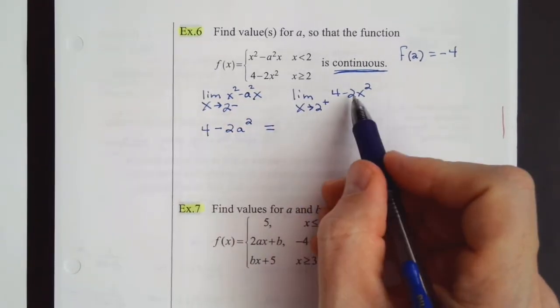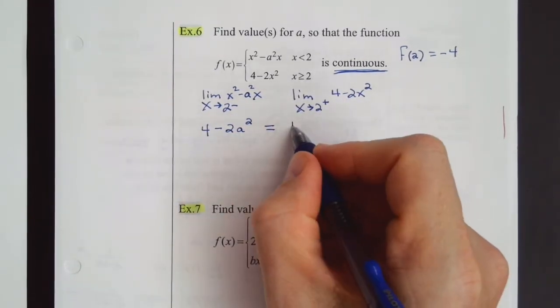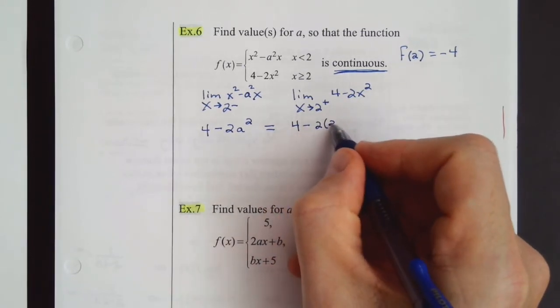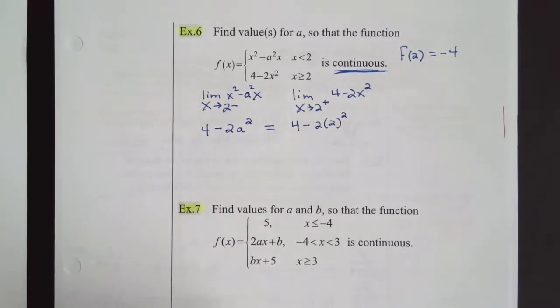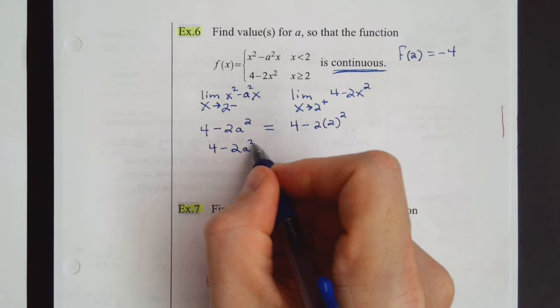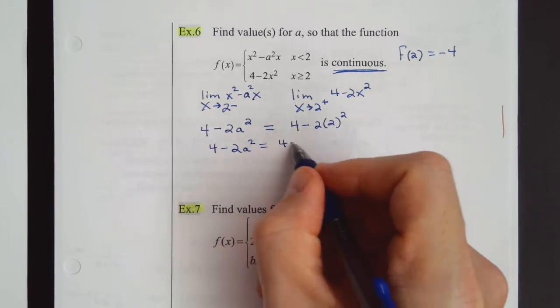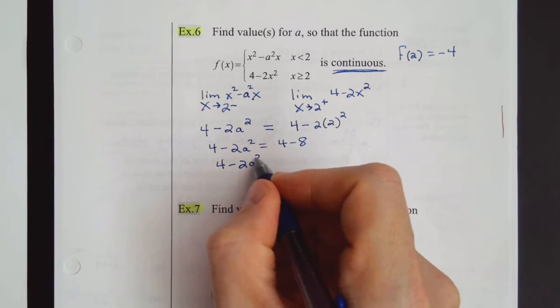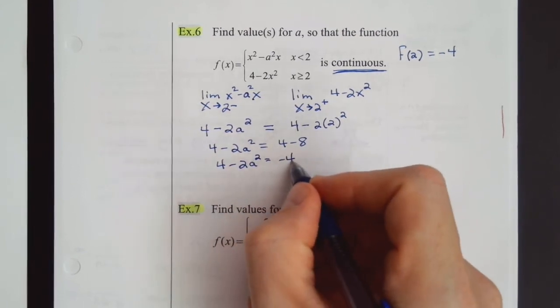And then over here we're going to plug in 2 also. So that's going to be 4 minus 2 times a squared times 2 squared. So that's going to be 4 minus 2a squared equals 4 minus 8, so that's going to be -4.